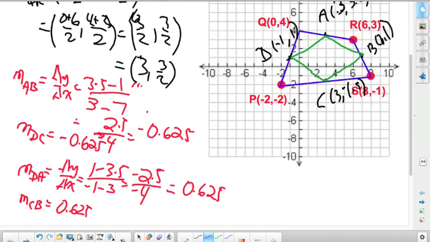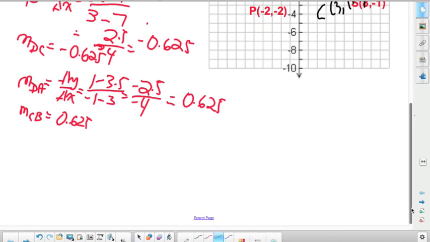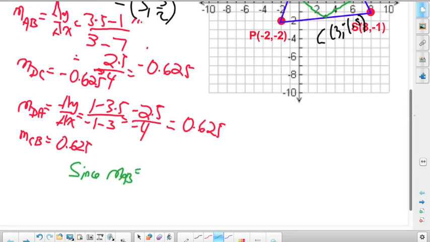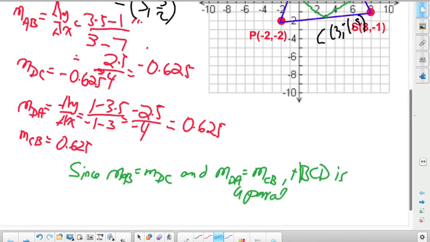So since the slope of AB, which was the first one I did, is equal to the slope of DC, and the slope of DA is equal to the slope of CB, ABCD is a parallelogram.